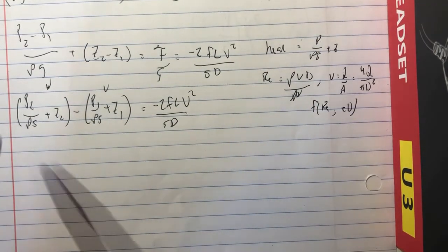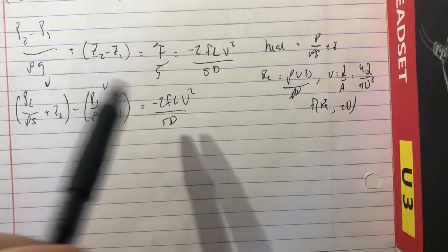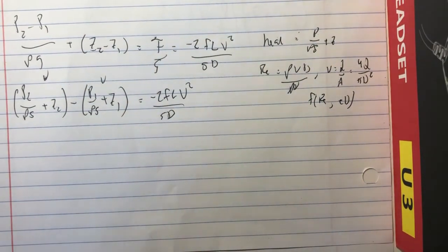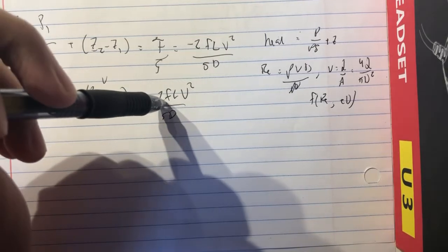So finding the change in head based off the given flow rate is relatively simple.